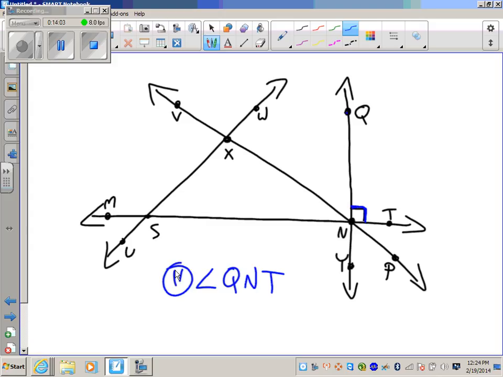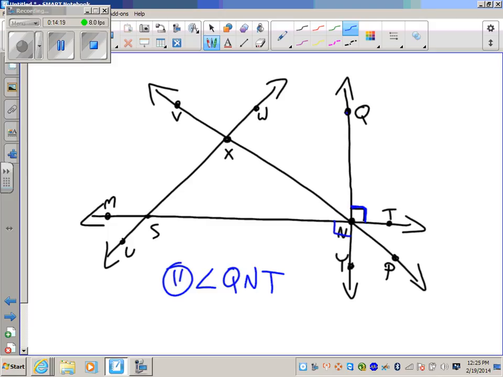My vertex. Now, if I know that this one is a right angle, I also know that this one here is a right angle.